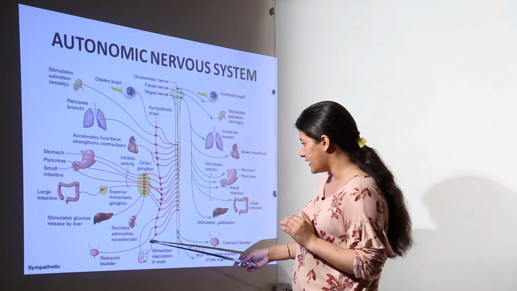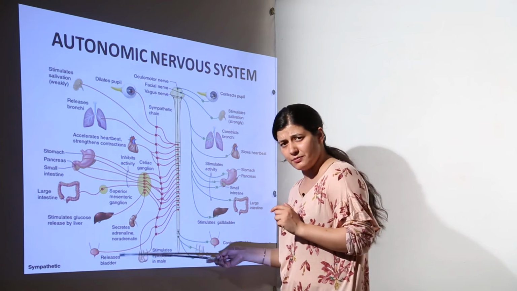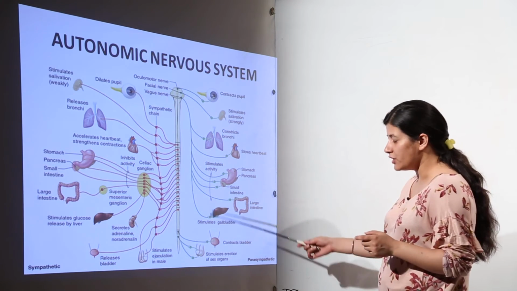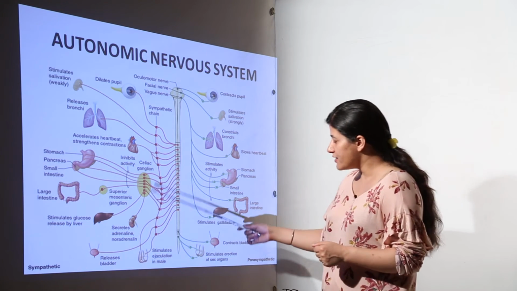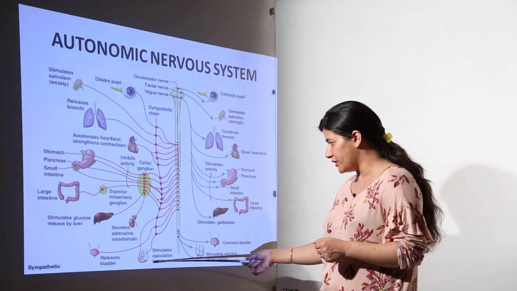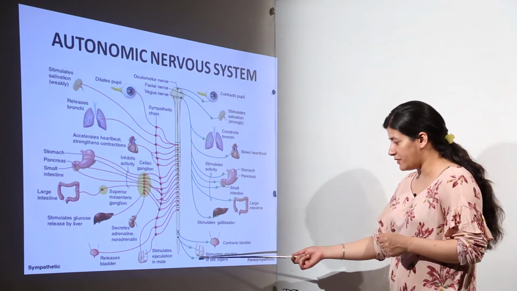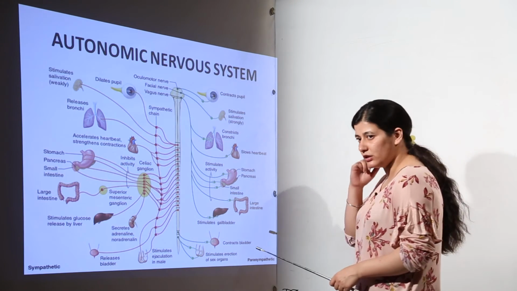Now there is another function of the parasympathetic, that it releases the bladder. Urinary bladder would be released. It contracts the urinary bladder. Talking about the reproductive function, the sympathetic system is going to stimulate ejaculation in males, while the parasympathetic would be stimulating erection. Now this is also antagonistic in their functions.